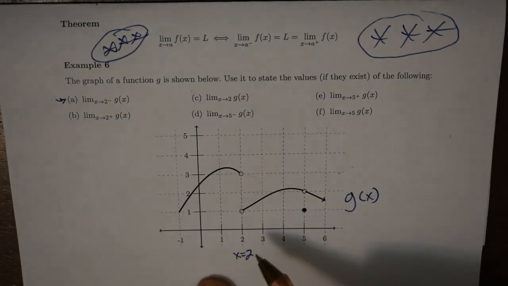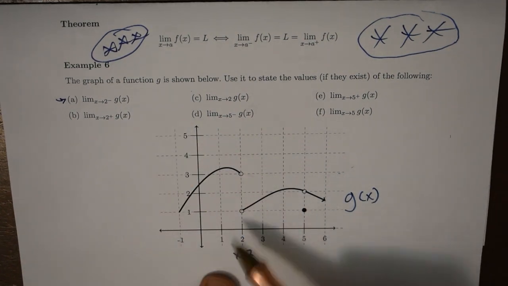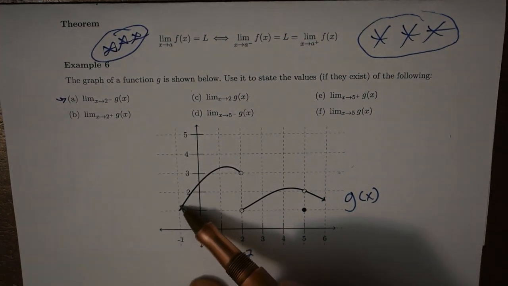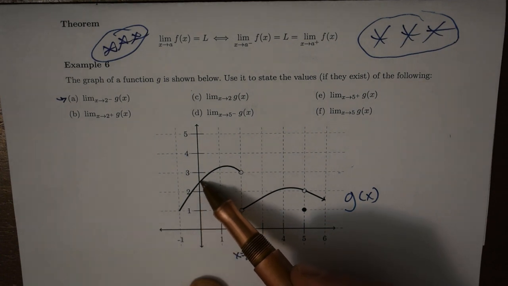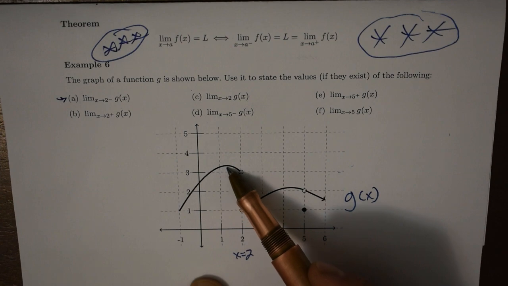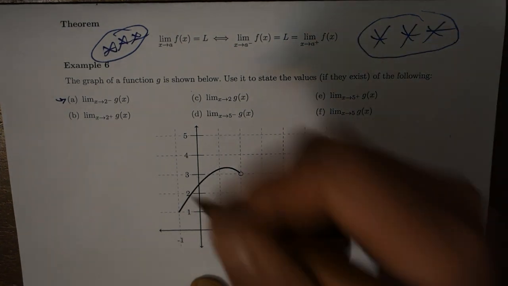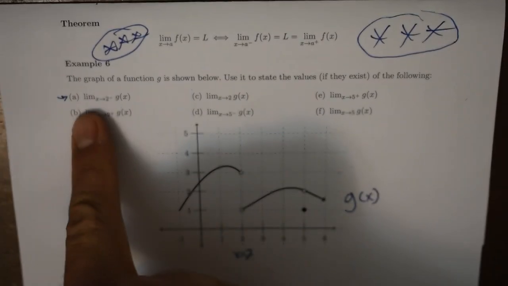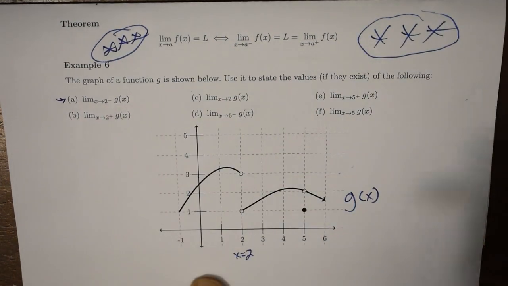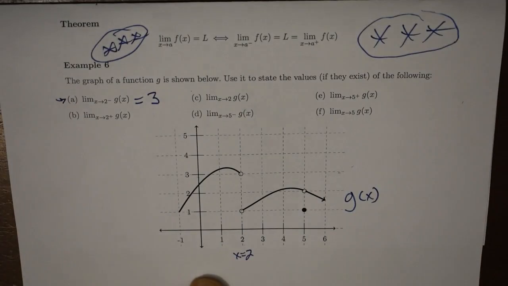And as we're letting x approach 2 from the left, these are our y values. As we get closer and closer to x is equal to 2, our y values are getting closer and closer to 3. So from the left, the limit as x approaches 2 from the left of g of x is going to be equal to 3.